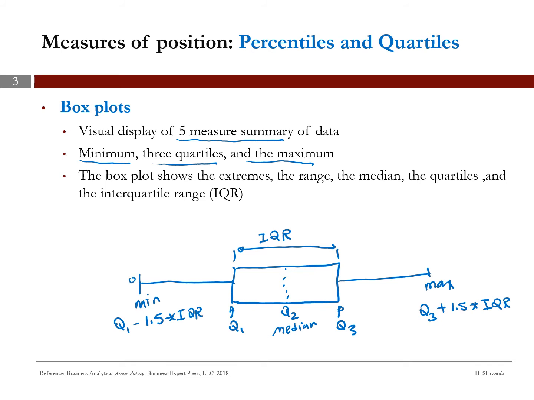Any observation lying beyond this range would be considered an outlier. So these are the outliers here. In our analysis, we can obtain the outliers this way, and then remove them for further analysis in order to reduce or eliminate the impact of outliers. So this is the shape and the application of box plots.